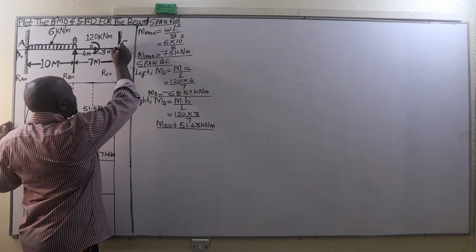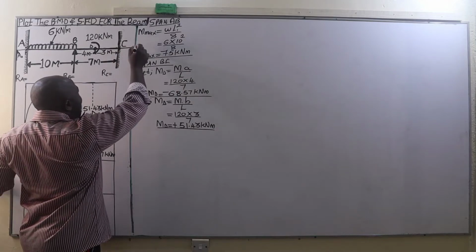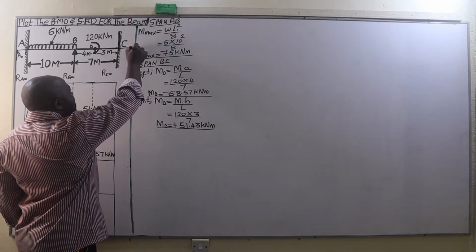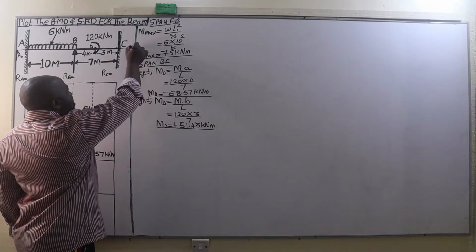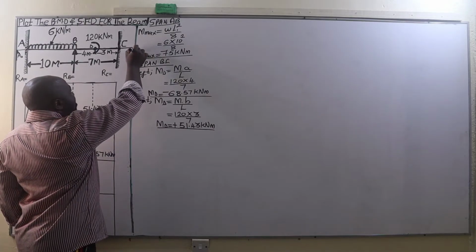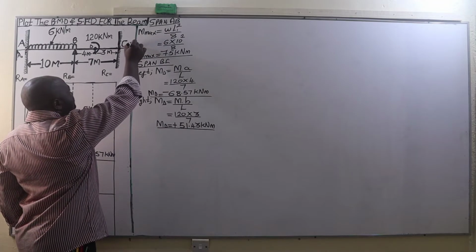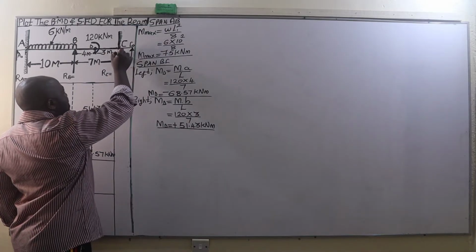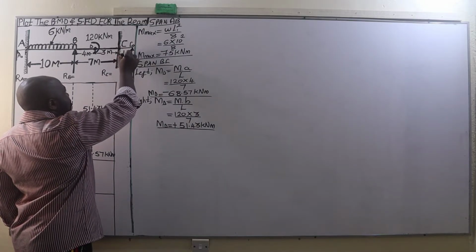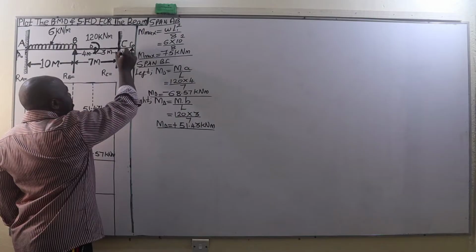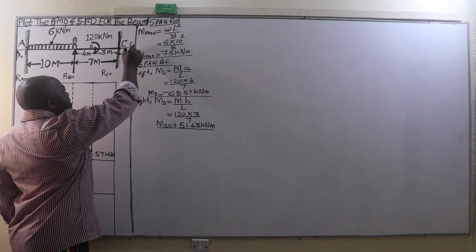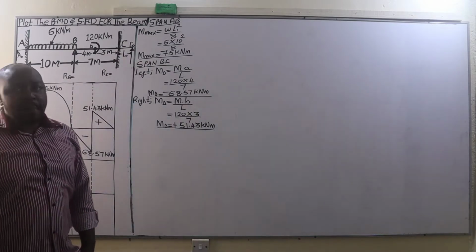On this side as well, we are going to extend an imaginary span, which is also going to have an imaginary support, and at this point we are going to have C naught. The distance from C to C naught is going to be L naught. So that is when we are dealing with a fixed beam.